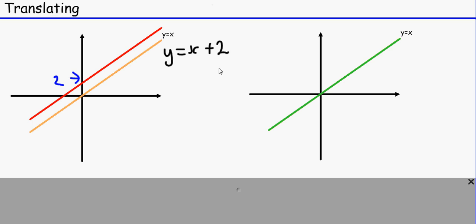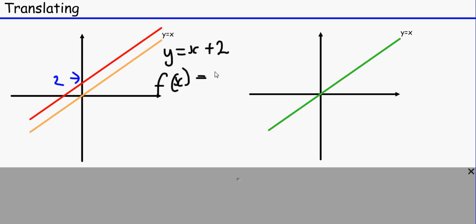So that's 2 units upwards because this is the constant. This is where the y-intercept is. If you were to write it the A level way, we would write it as f of x equals x plus 2, x squared plus 2.